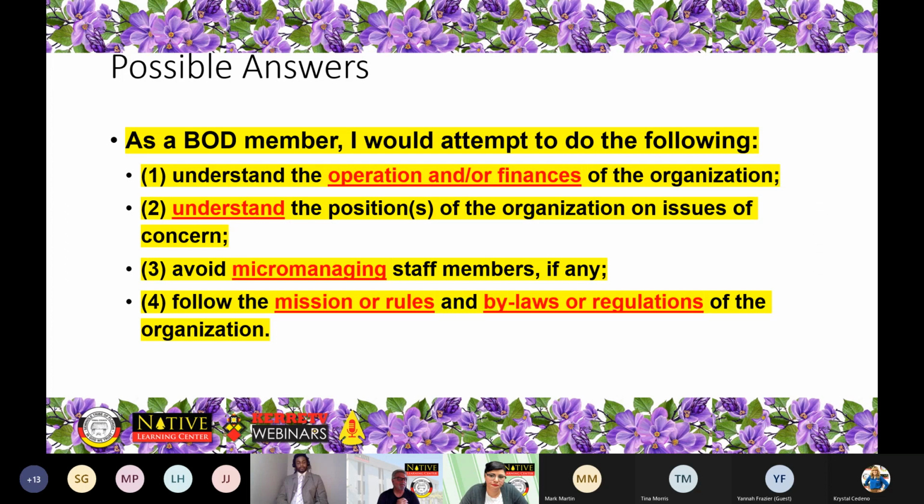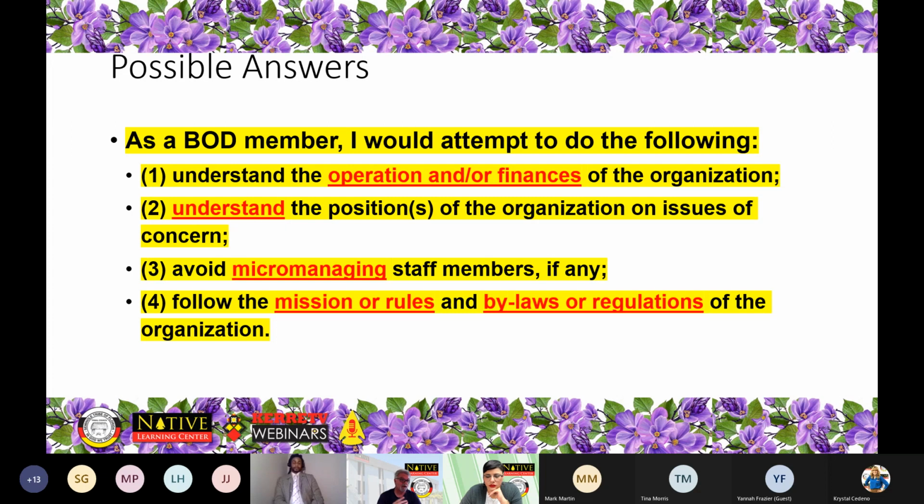Those are really what you should have had in front of you, or the blank version of this where you fill in. But these are my interpretations of, as a board member, I would attempt to do the following. One, understand the operation, the finance. I was looking for words like operation, finances, compliance, functionality of the organization.